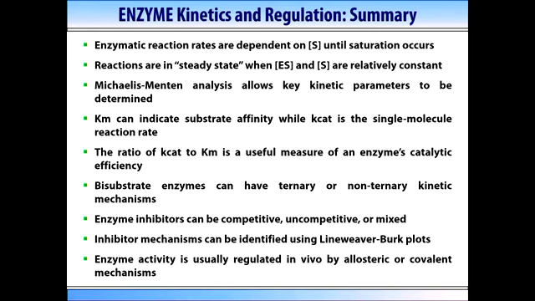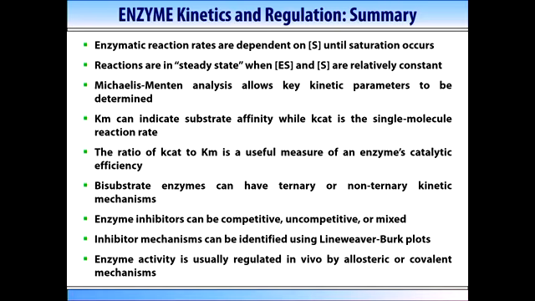The Michaelis-Menten equation or plot allows the key kinetic parameters to be determined. The Michaelis constant can indicate substrate affinity, while the turnover number, or kcat, is the single molecule reaction rate. The ratio of kcat to Km is a useful measure of an enzyme's catalytic efficiency.